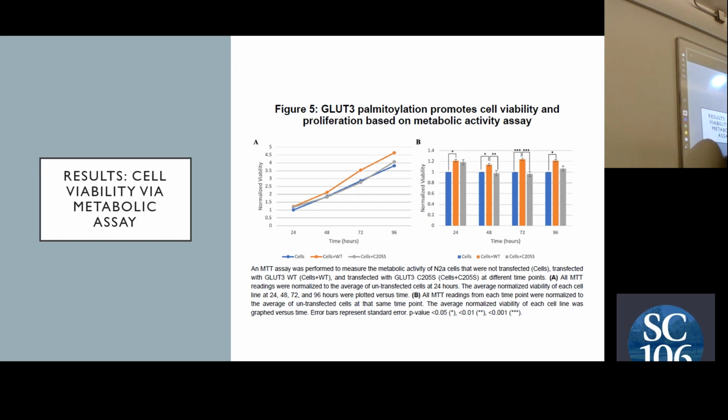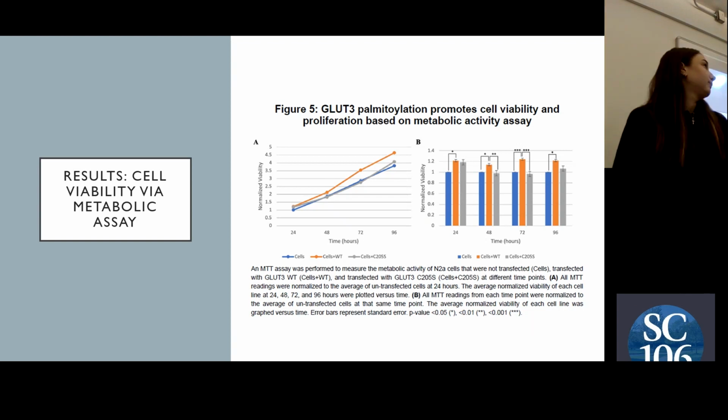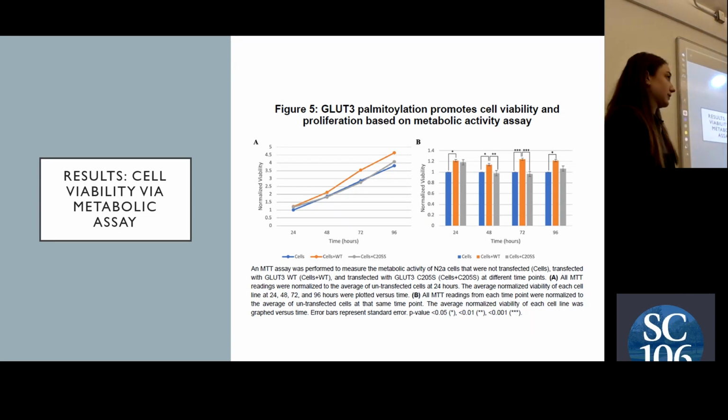So with those wild types that are in the membrane, we believe are polymethylated, we see a significant statistical increase in metabolic activity or glucose transport into the cell versus the neuronal N2A cells that are untransfected, as well as the cells with the mutated form, as Paul said, based on the endogenous pre-existing GLUTs in the membranes, but the transfected wild types were able to pull in more glucose.